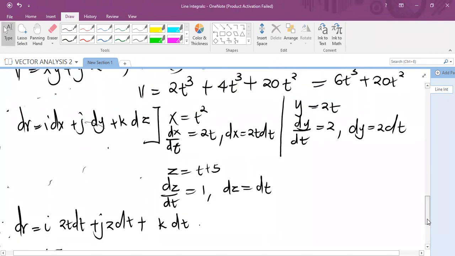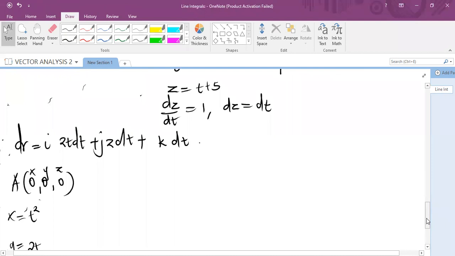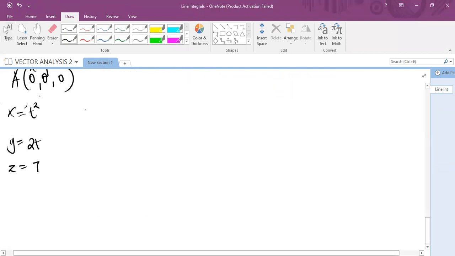Y is equal to 2t, and Z is equal to t plus 5. So what will be the values of t?